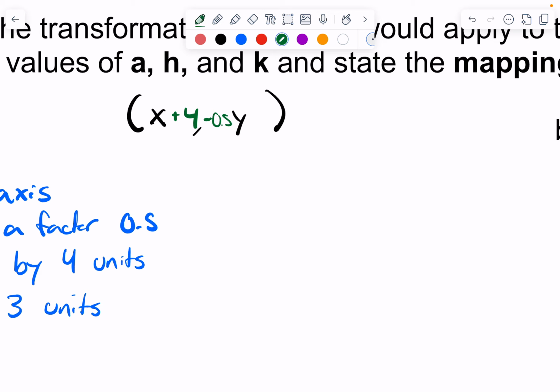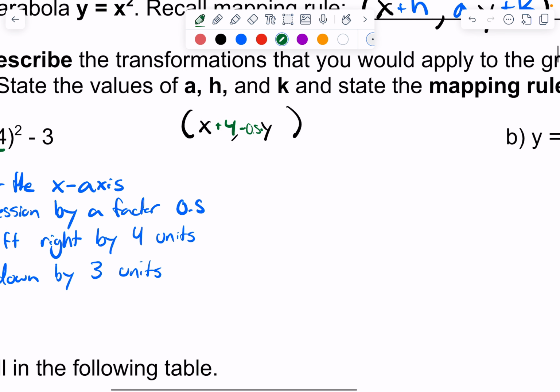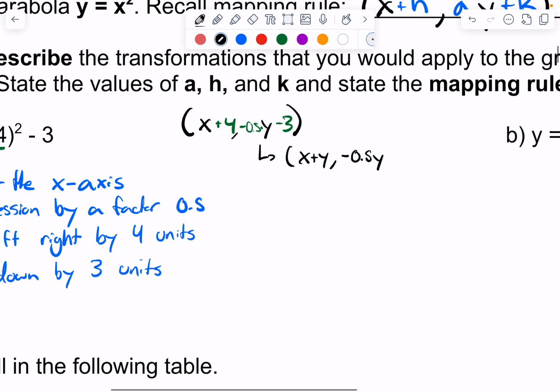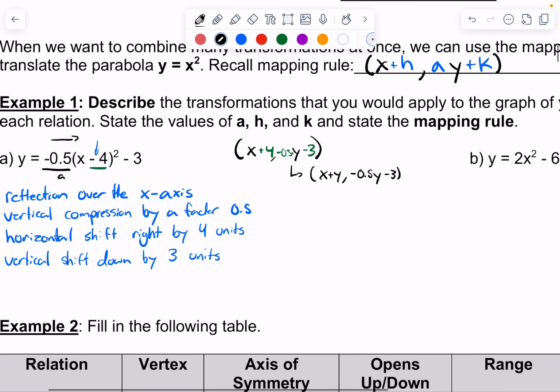So it's negative 0.5 multiplied by y, and then take away 3. So let me write that a little more cleanly. So (x plus 4, negative 0.5y minus 3).